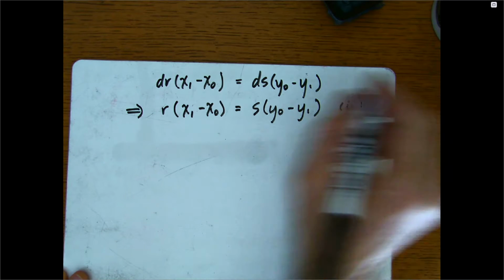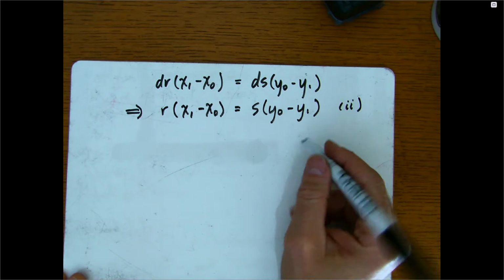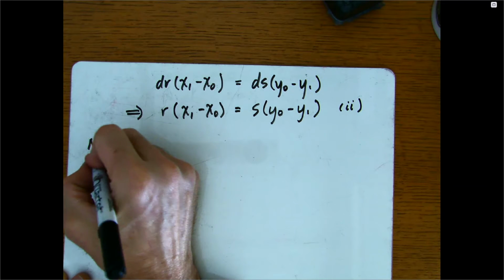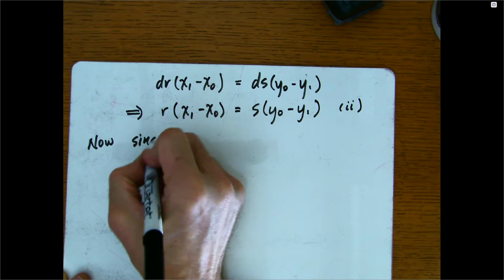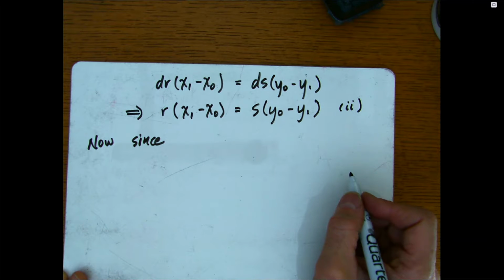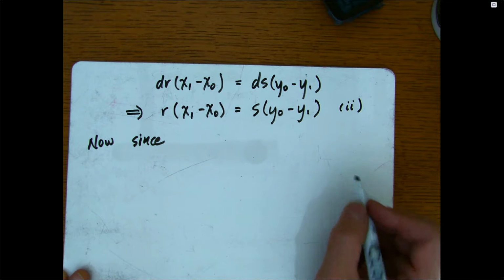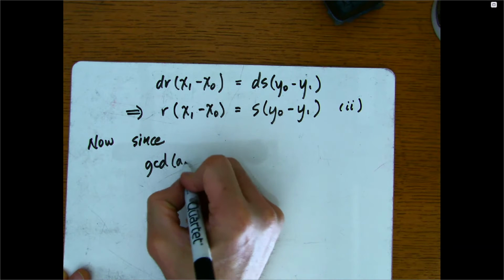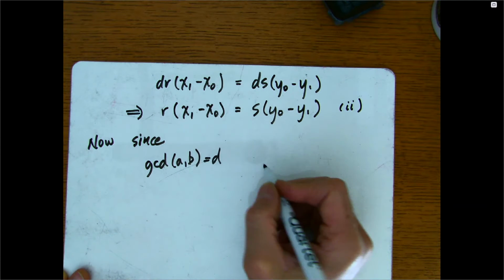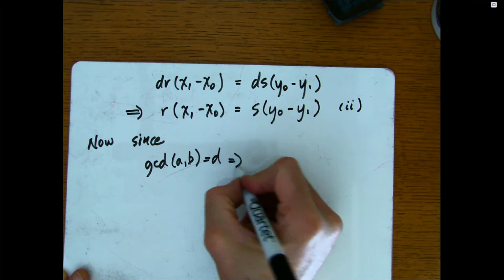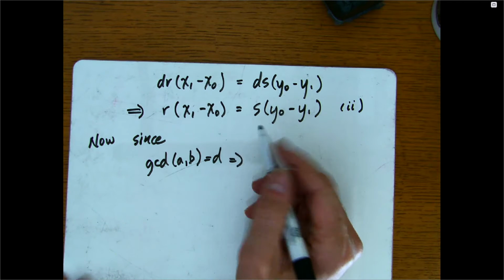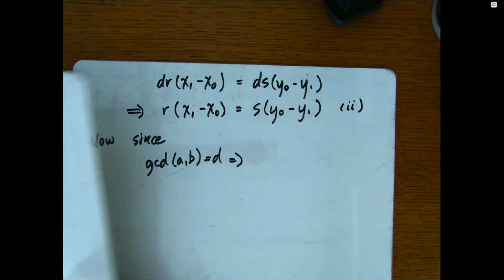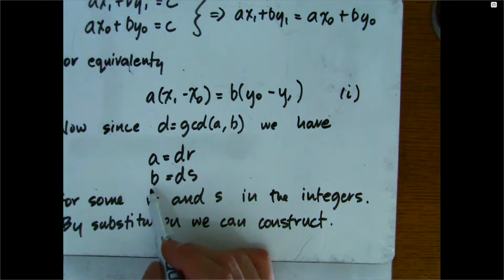Now, let's just think a little bit about this. If we use the GCD of A and B is equal to D, what does that imply? Well, A is D times R and B is D times S, right?